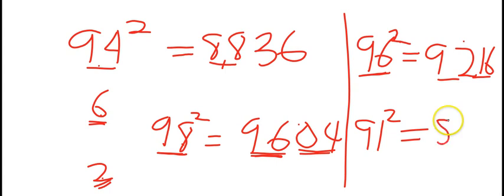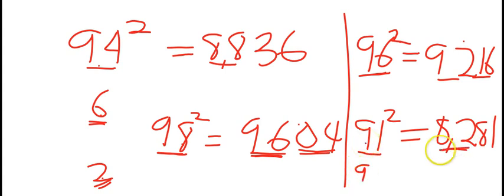Did you get 8,281? Good. That means you've mastered it. You subtract this one from 100, and you get 9. 9 from this number will give you 82. When you square 9 alone, you get 81, and that is your answer. Well done. Let's move on to the next.